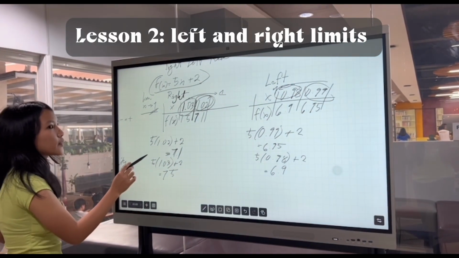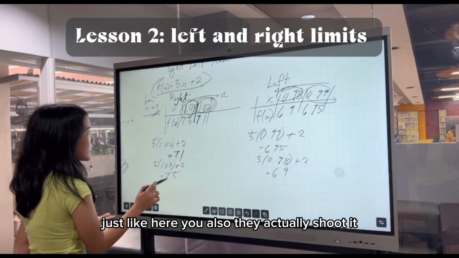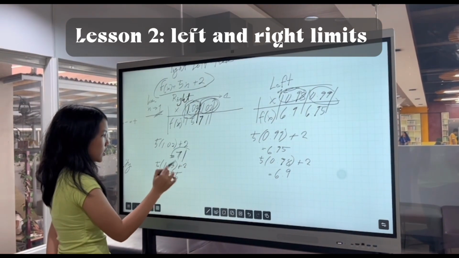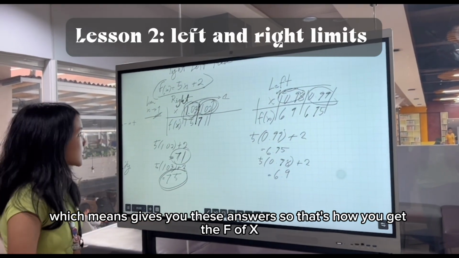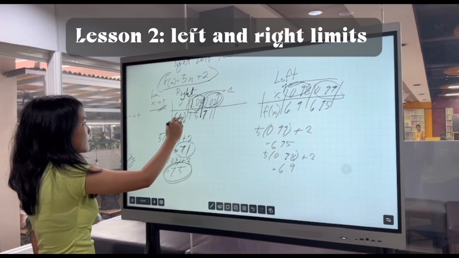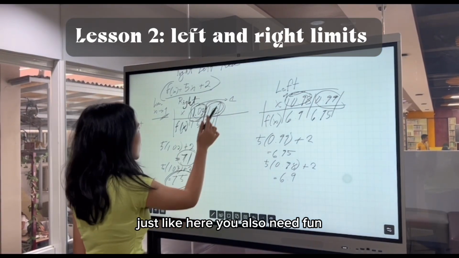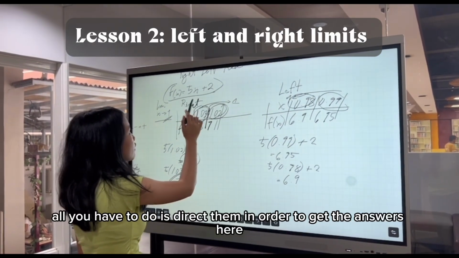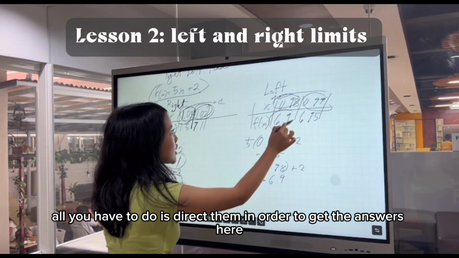Just like here, you also direct substitute it, which gives you these answers. So that's how you get the f of x. Just like here, all you have to do is direct substitute them in order to get the answers here.